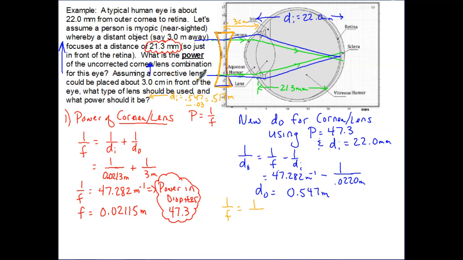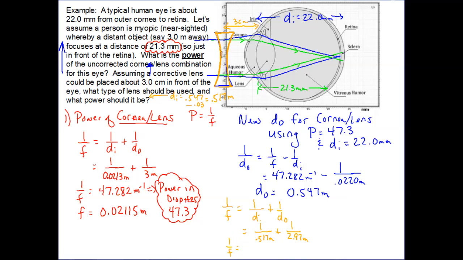So when I put in 1 over DI plus 1 over DO, that 0.517 meters actually has to go in as a negative, plus 1 over DO. Well, the object for this is actually 2.97 meters away, right? Remember, this is 3 centimeters in front of the eye here, so the object is actually 2.97 meters away, and so now I can find 1 over f quite easily there.